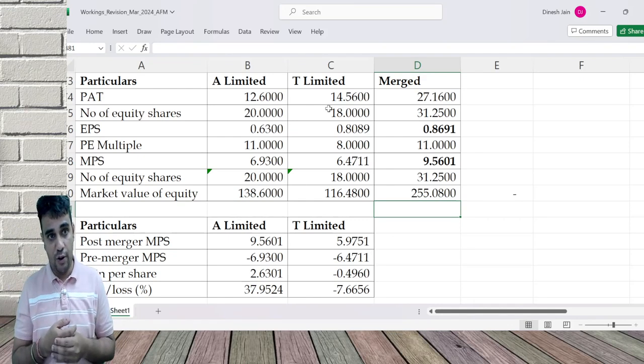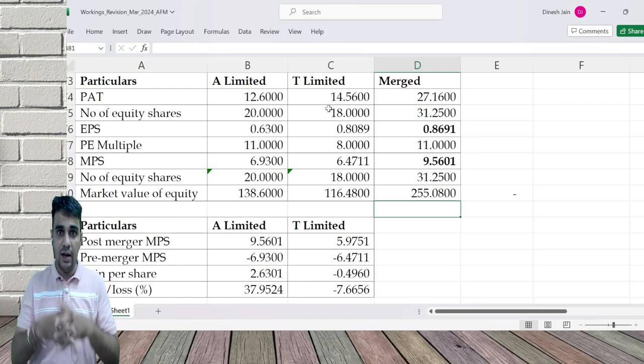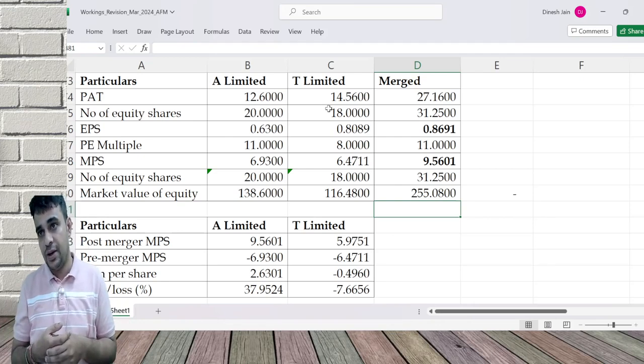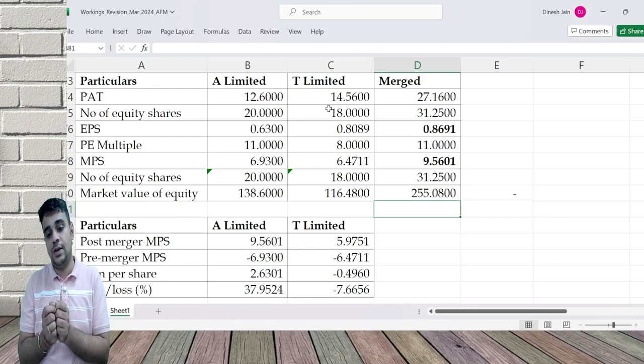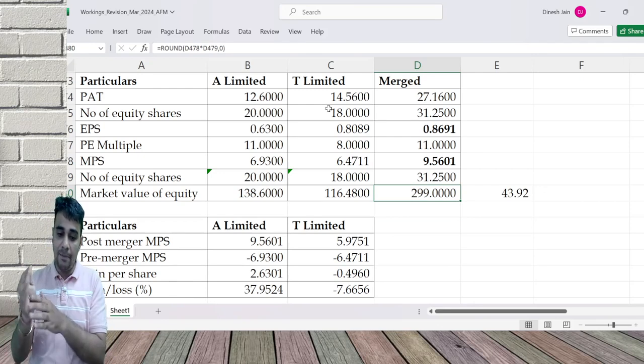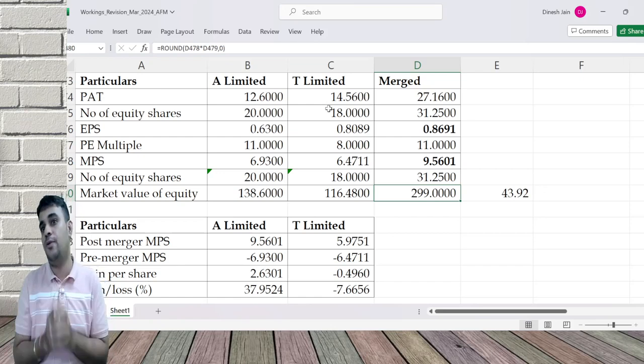You thought there was going to be synergy gain, but when the merger closed, none of them gained. So this 255 is the combined value of A Limited and T Limited shareholders. If gain happens, 299 is right. But if gain does not happen, that is called value of original shareholders.